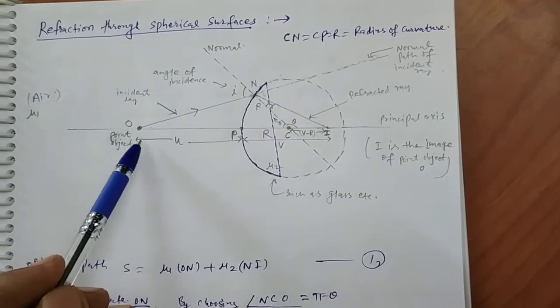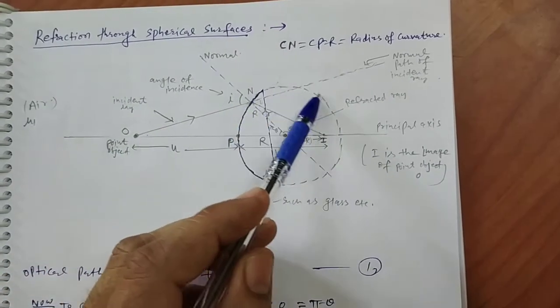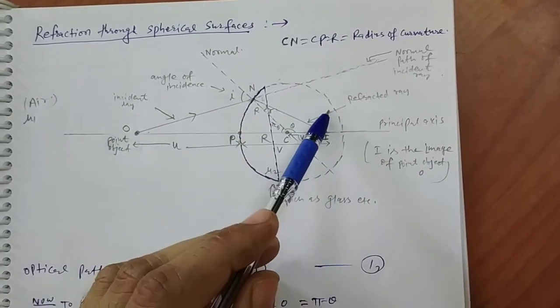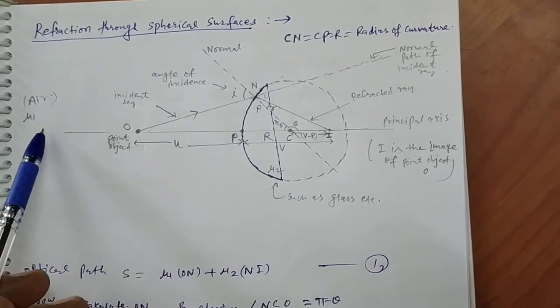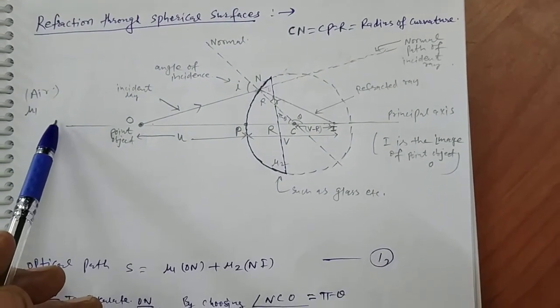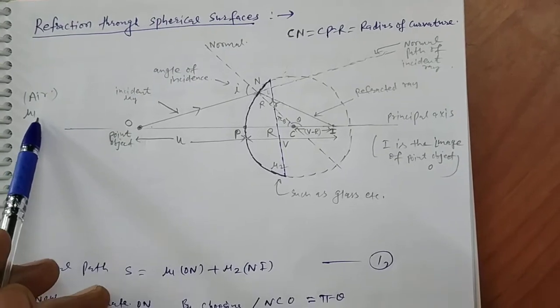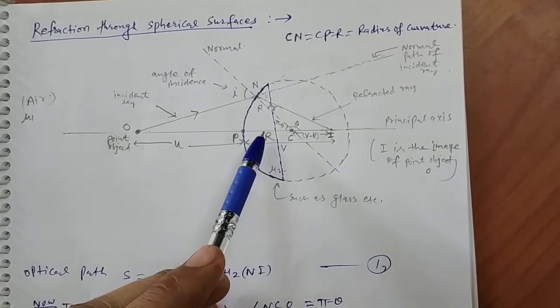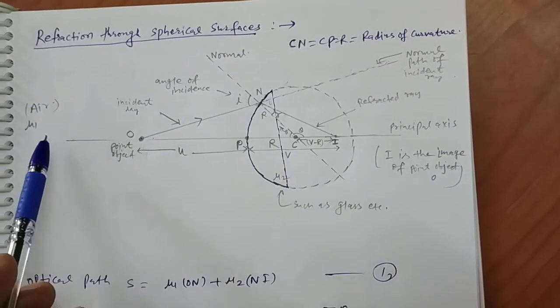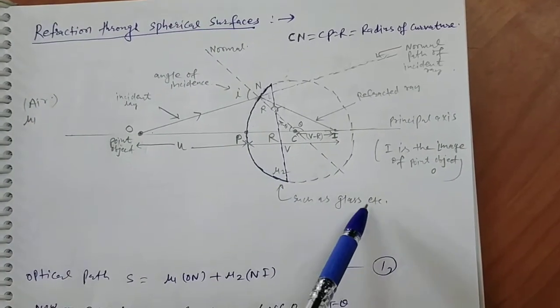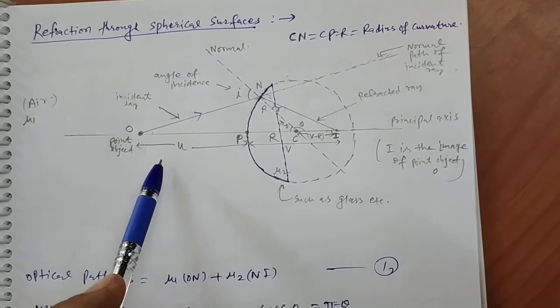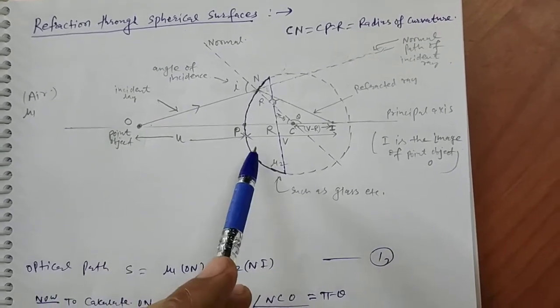So if this is a medium and outside this is another medium, we imagine that outside this sphere the medium is air and this is glass, so that the refractive index is different.